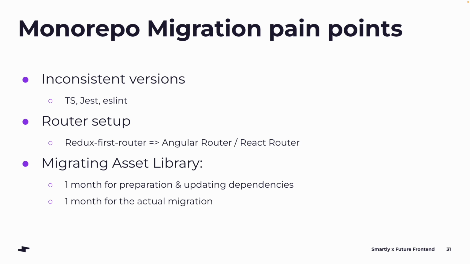But how we did this then, when we started moving the micro frontends into the monorepo, we used the Git subtree functionality.